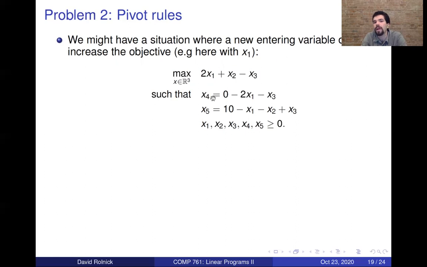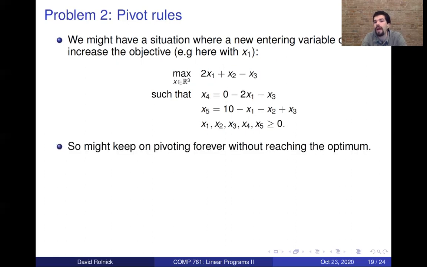So you might worry that you could keep on pivoting forever, swapping things around, without ever increasing the objective, and so never reaching the optimum.